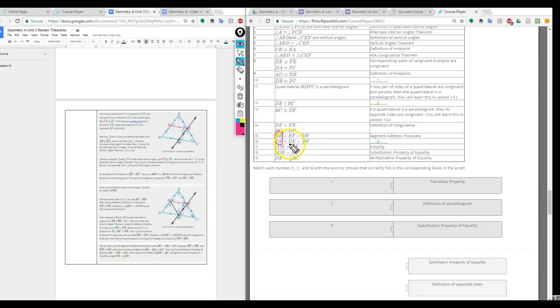And the reason why it's called substitution is because of right here. They state DE is equal to EF, and so they just replaced EF in statement 15 with DE, and that's the substitution property of equality. And there's your help.